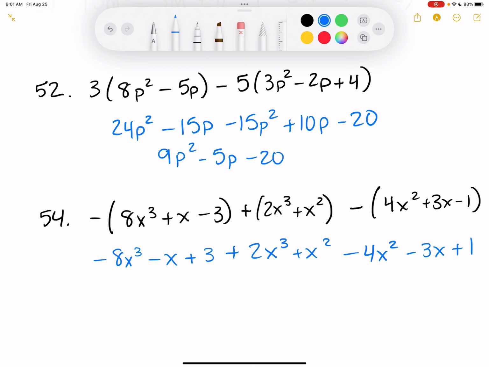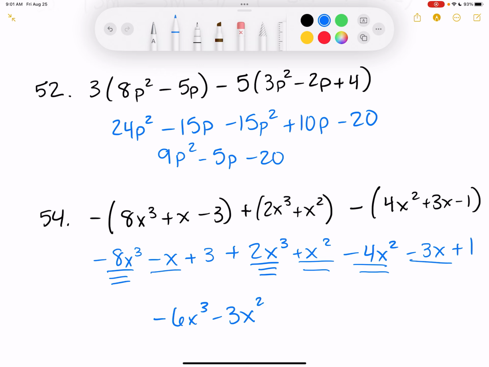So a lot of times when there's a lot of things going on in the problem, I will underline based on the power that's on things. So I have negative 8x cubed plus 2x cubed, so that's going to be negative 6x cubed. Then x squared, I've got x squared minus 4x squared, so that's negative 3x squared.